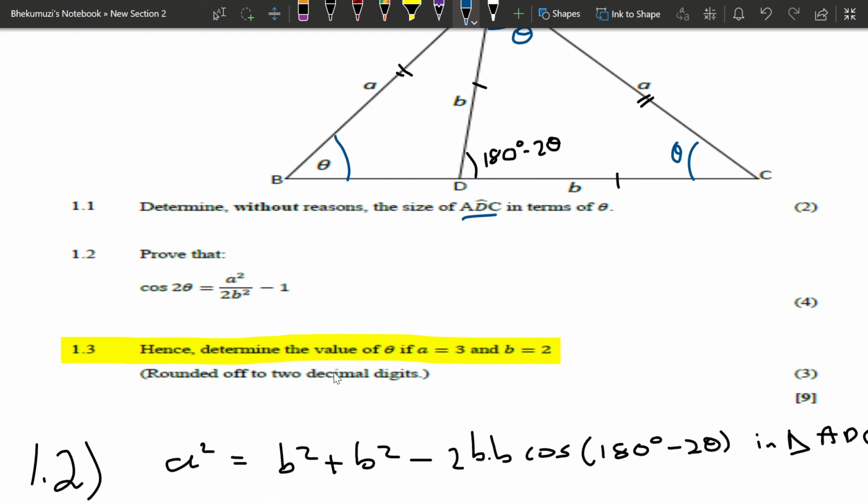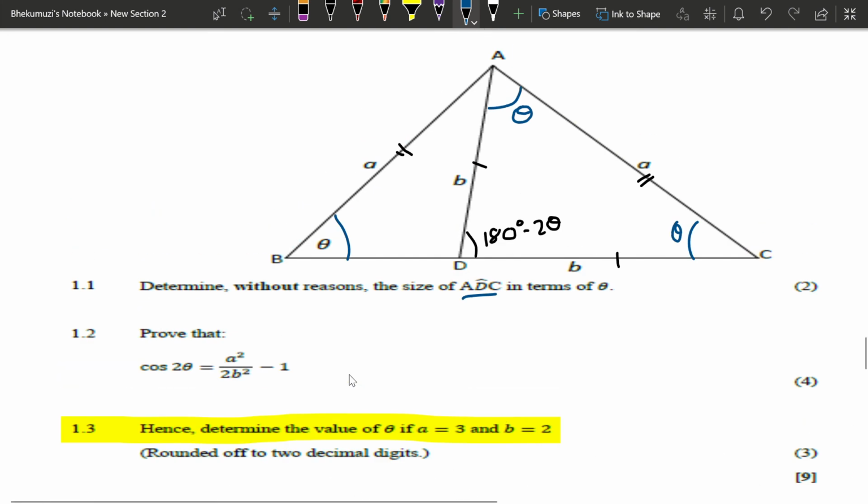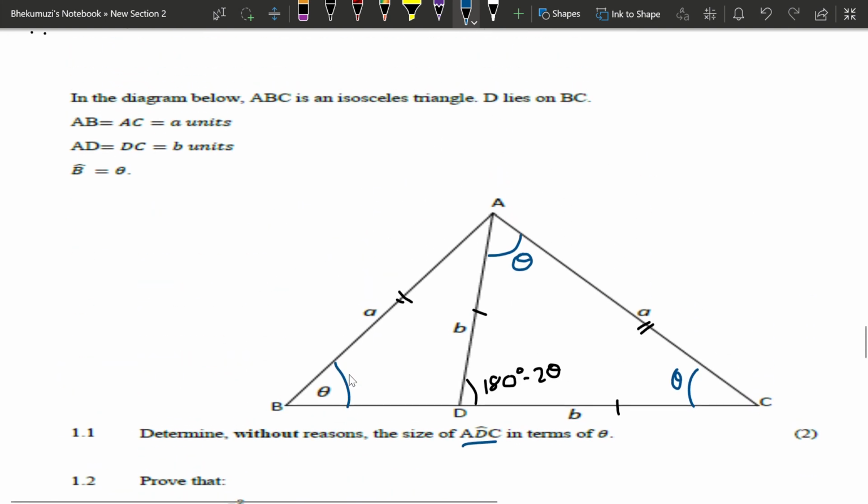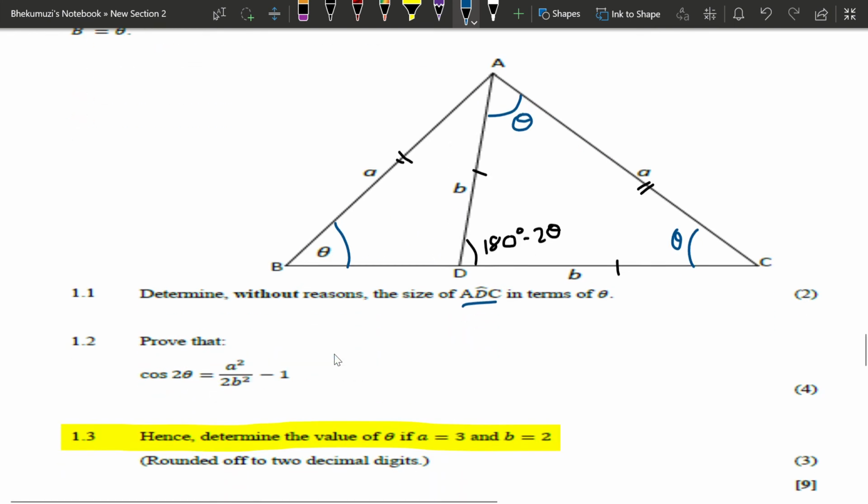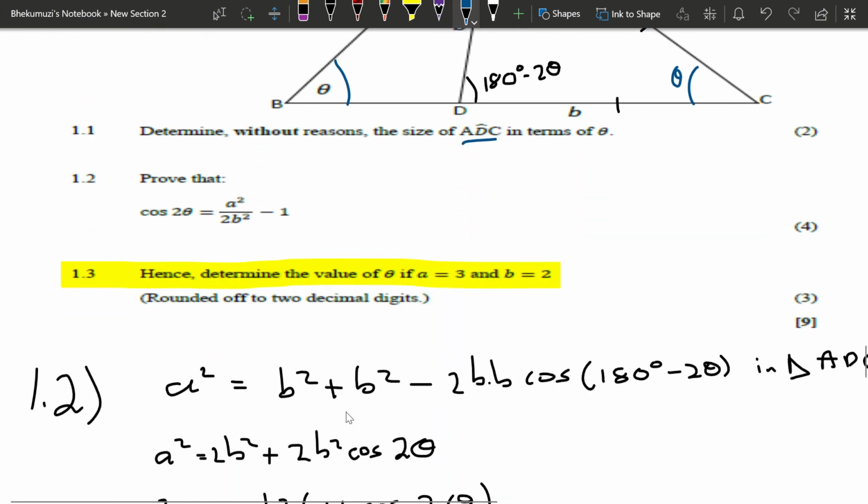Now, how would we do this? When you're looking at these types of questions, you need to remember your grade 11 work, where you need to think about the cosine rule, sine rule, and maybe in some cases your area rules, right? So it's very important to remember. But in this case, what we would use is actually the cosine rule.